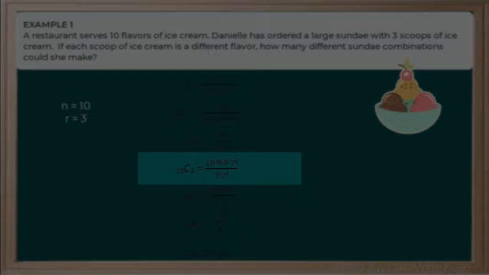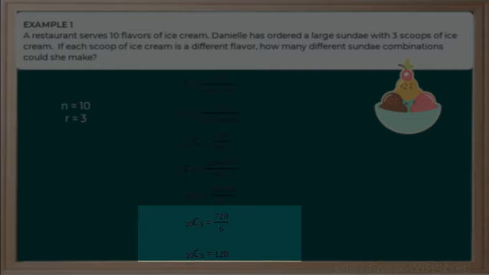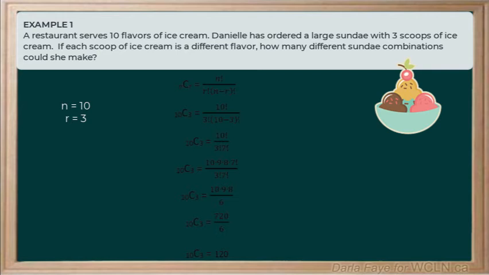So I'm multiplying 10 by 9 by 8 by 7 factorial, and I'm going to stop there because I can see that I can cancel that out with the 7 factorial on the bottom. So when I do my cancellations and simplify a little bit further, I end up with 10 times 9 times 8, all divided by 6, which leaves me with 120 possible combinations of ice cream. Now that sounds delicious.